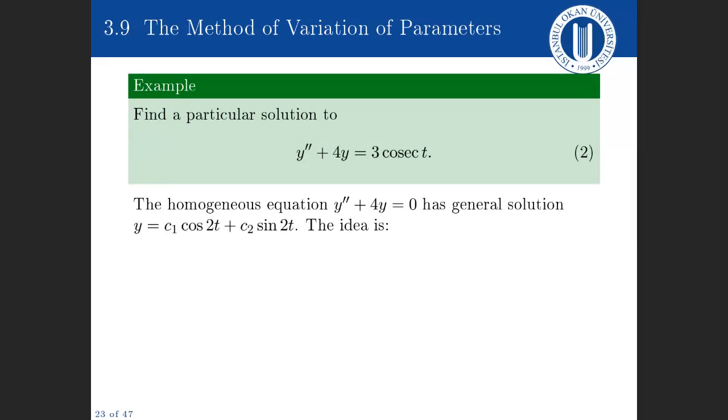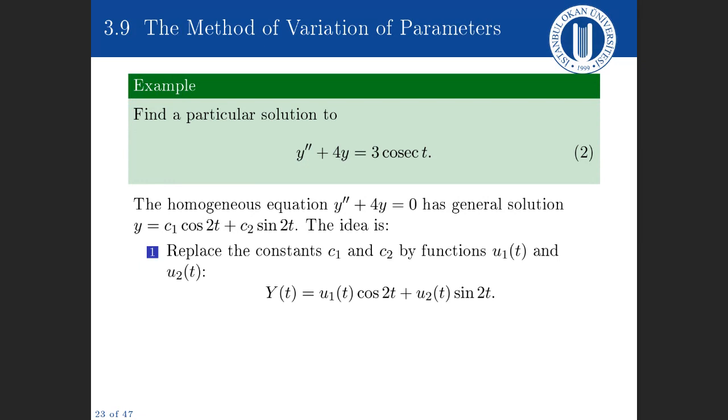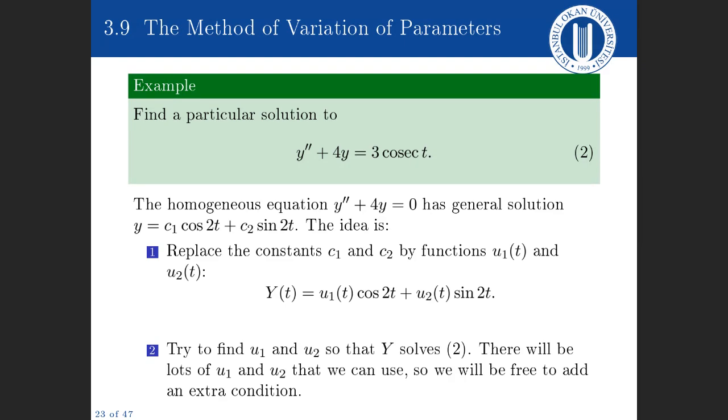So the idea is we're going to try to replace the constants c1 and c2 by some functions u1 and u2 that we don't know yet. And then we're going to try to find u1 and u2 such that capital Y solves equation 2. If we can do that, then we have our particular solution.